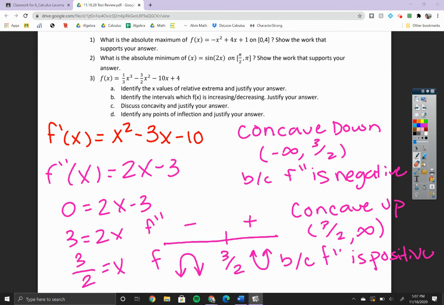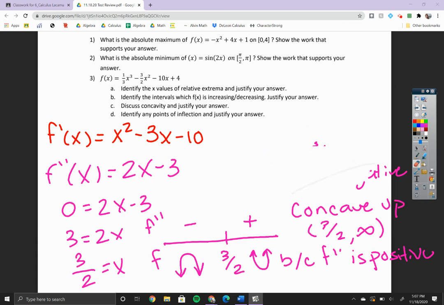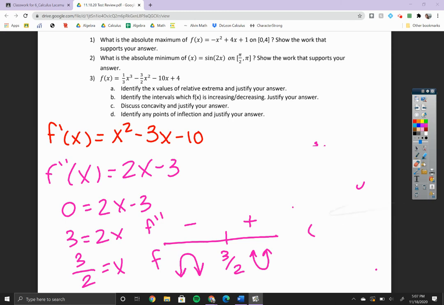And then our last part wants to know where any points of inflection are. So I'm going to erase this real quick. The point of inflection is if it changes concavity, and we can see that it does here.